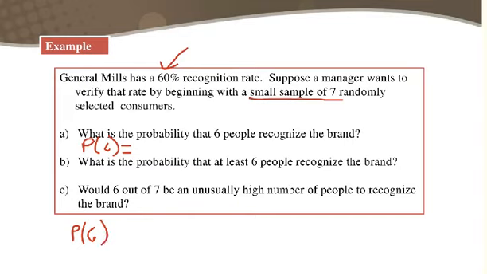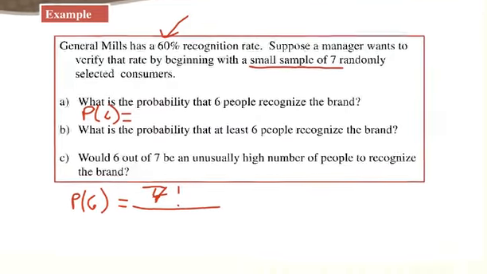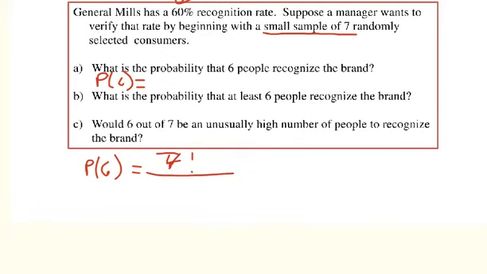The probability of 6 successes, in other words, the probability that 6 people out of the 7 recognize the brand, is 7 factorial divided by 7 minus 6 factorial times 6 factorial, times the probability of a success, which in this case is 0.6 because there's a 60% brand recognition rate, to the 6th power because we want 6 successes, times 0.4, the probability of failure, to the 1st power, or 7 minus 6.